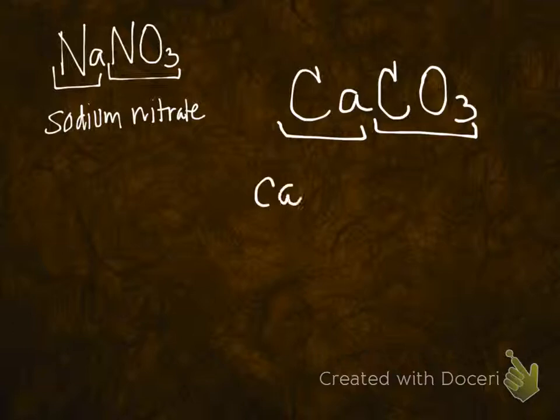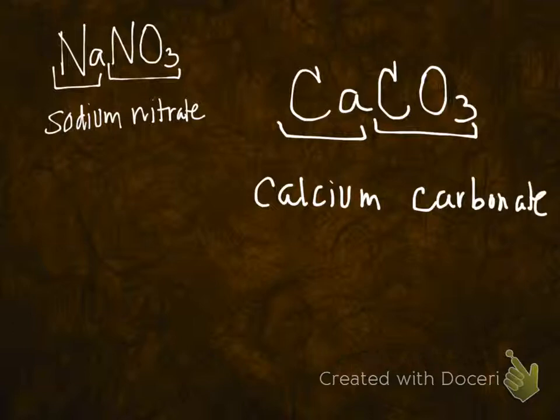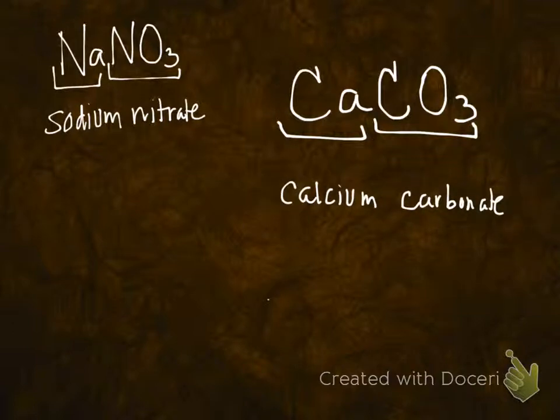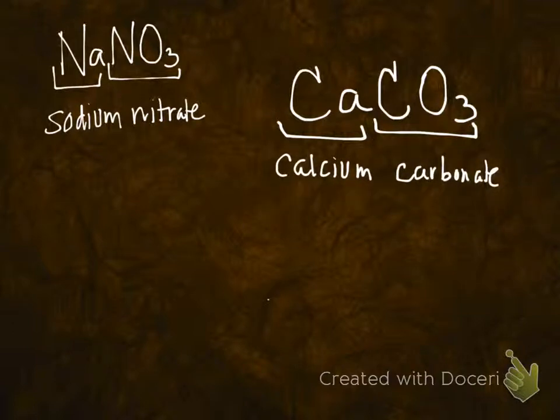Calcium. And what's that second ion called? Carbonate. You have probably all seen and handled calcium carbonate. It's a major component of the shells of aquatic organisms. So if you've ever picked up a seashell or a mussel shell in a creek or in an ocean or Lake Erie, you've handled calcium carbonate.